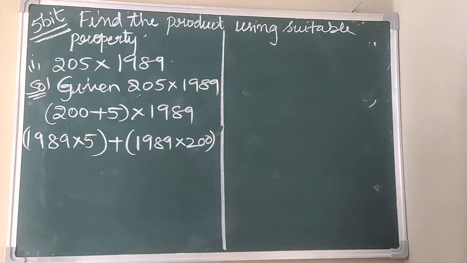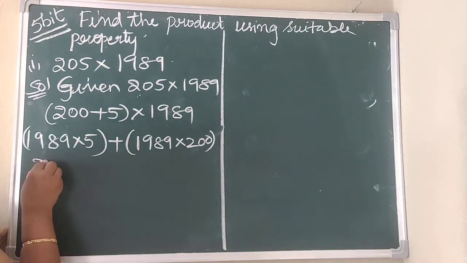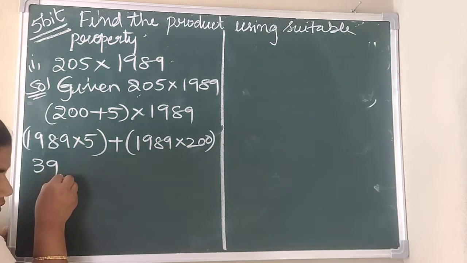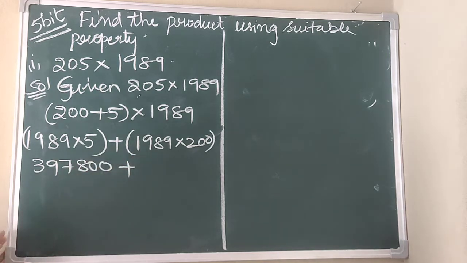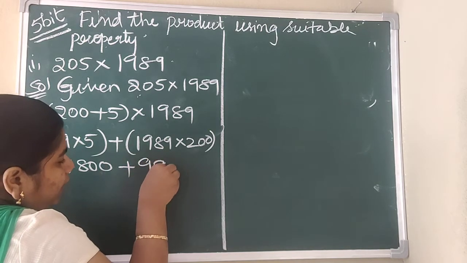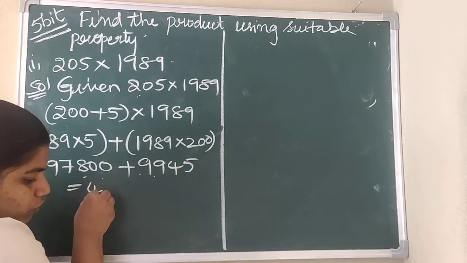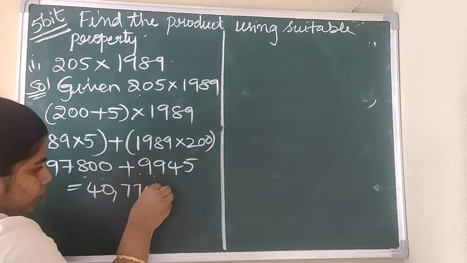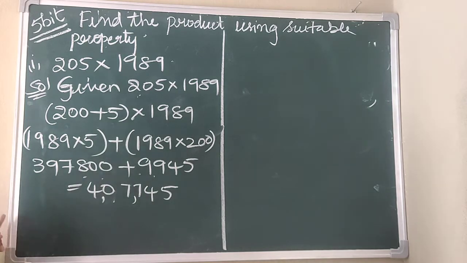Okay, so now if you multiply 1989 into 200, that will be equals to 397,800 plus 1989 into 5 will be equals to 9945. So if you add these two values, that will be equals to 4,07,745.